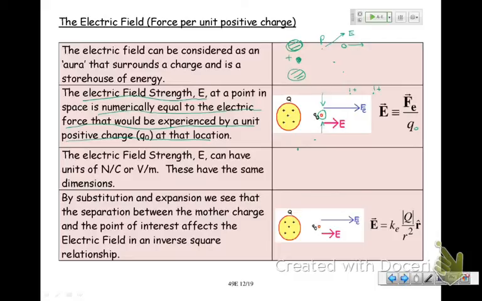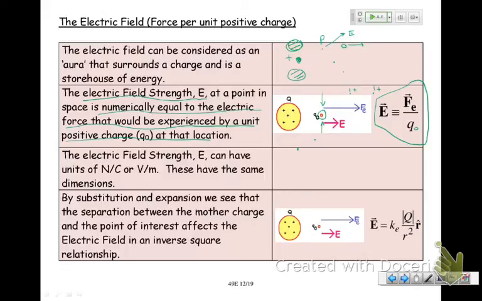I have a definition, and it says that my electric field is equal to the electrostatic force divided by the charge at the point of interest. So here's my big Q. That's not the Q I'm interested in.